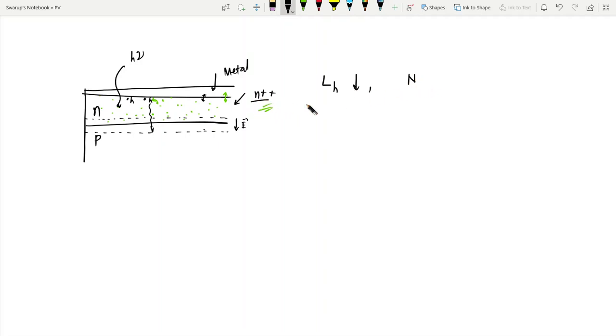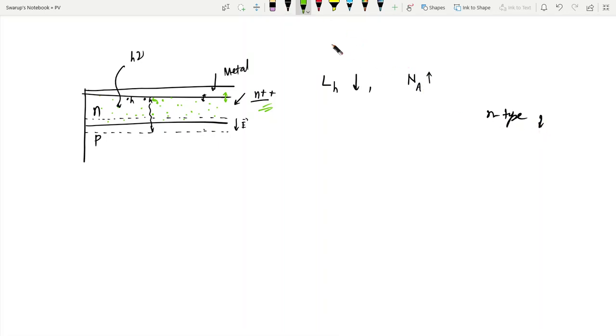So N is our acceptors or donors? N type, let's not get confused. N type means we get extra electrons, right. So these are donor atoms.